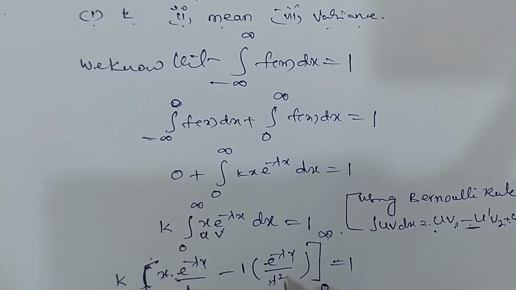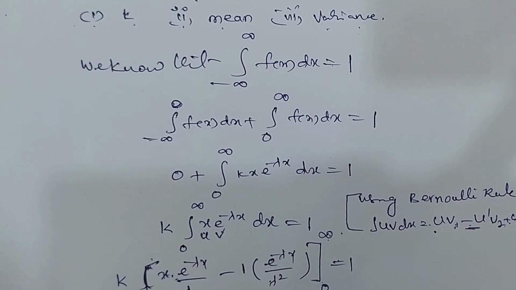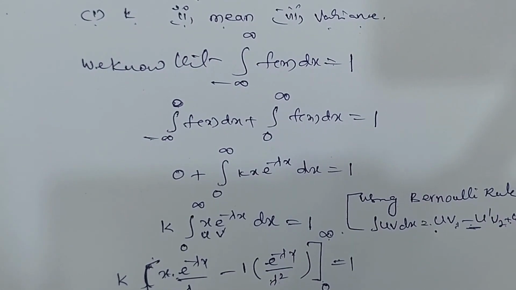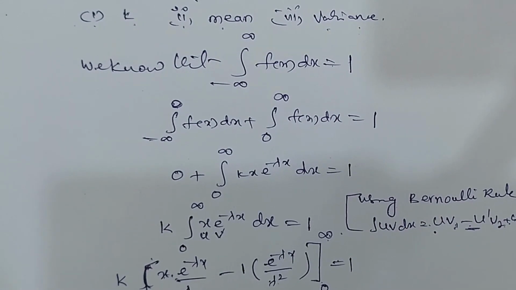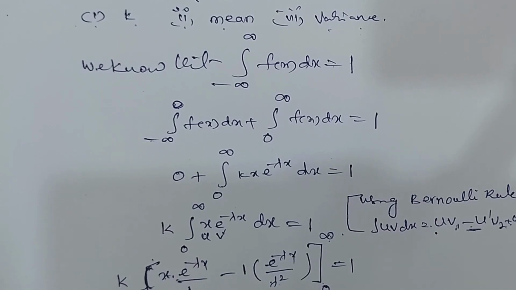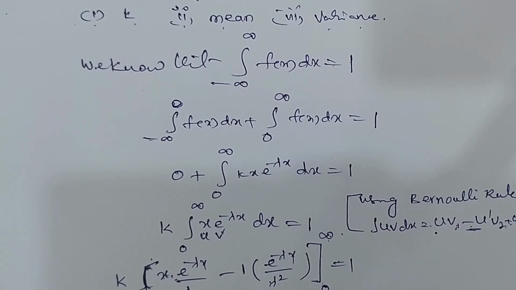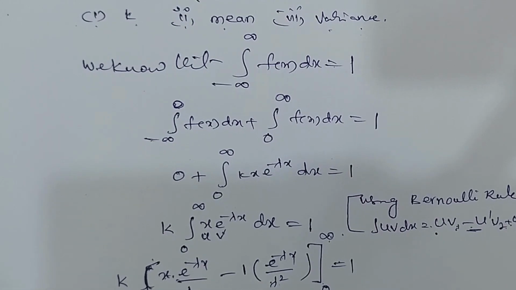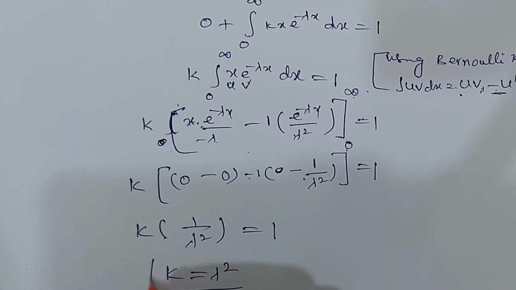In the next term, at the upper limit e power minus lambda x with infinity is 0, and at the lower limit it is e power 0, which is 1, giving 1 by lambda square. So k into 1 by lambda square is equal to 1. Therefore k is equal to lambda square.